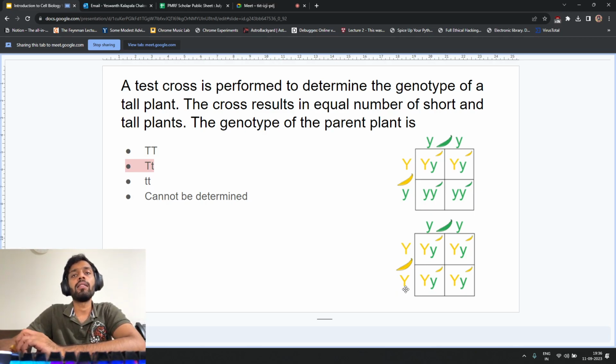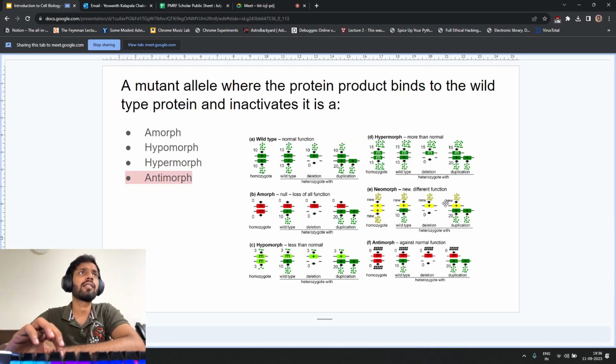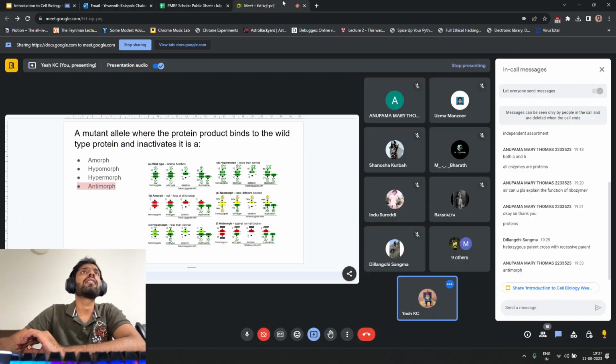So that would be homozygous dominant for color. If it's heterozygous, then some of the alleles produced will be recessive, so you will get an equal number of yellow and green color. Okay, so that's that, and we've discussed this.